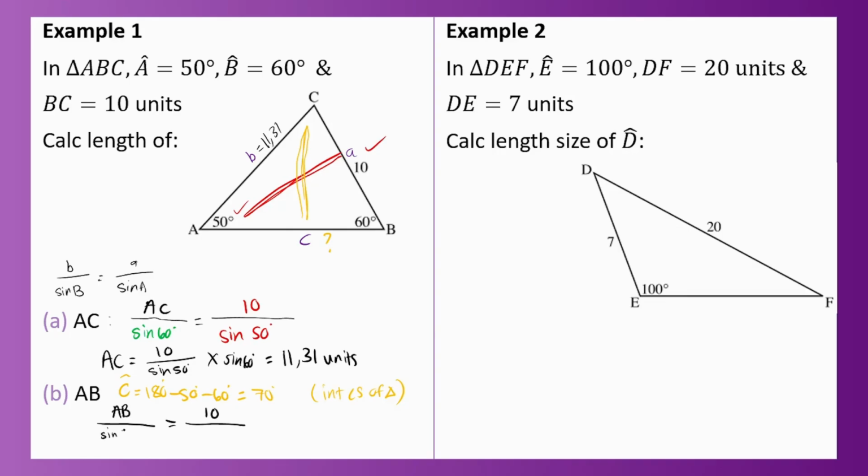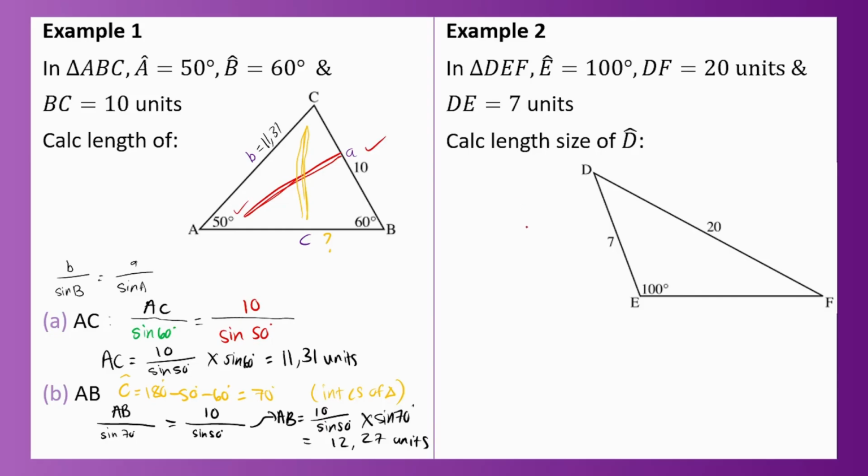AB is opposite sin 70, and 10 is opposite 50, so sin 50. And then we just have to multiply with this thingy that we're dividing by. So to find AB, we're going to take what we already had on the right-hand side, and we are going to multiply with what we are dividing here to get it to the other side. Put it in our calculators, and then we are going to get 12,27 units.